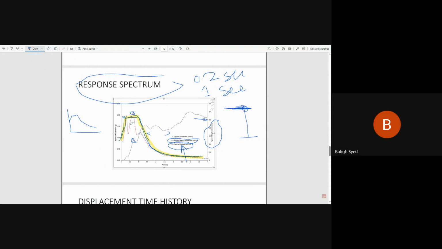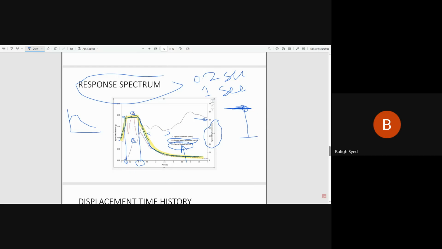So 0.2 is something over here, right? And 1 is something over here. So where this peak is, this is 1. So you can see 1 and 0.2. Why? You can ask the question, okay my friend, why did the code choose just two bounds, upper bound and lower bound?